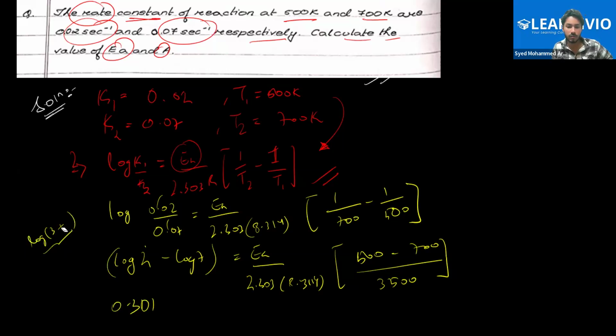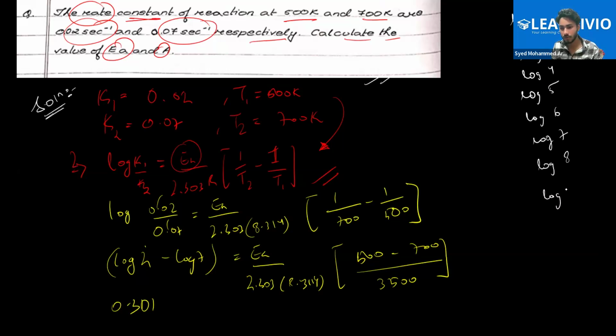So logs, you have to learn the value of log 7. There are some values of logs: log 1, log 2, log 3, log 4, log 5, log 6, log 7, log 8, log 9, log 10. The value of log 10 would be 1 and the value of log 1 would be 0.